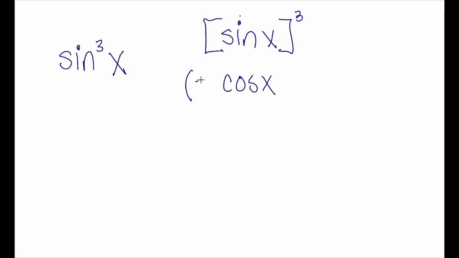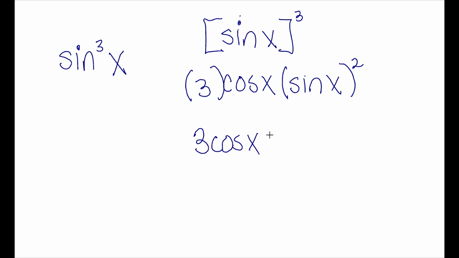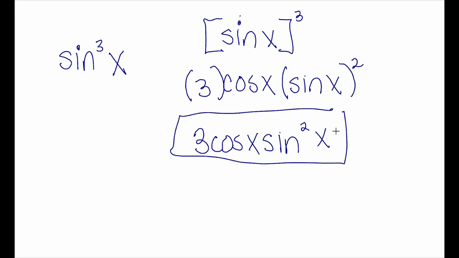Multiply that by the exponent, then multiply that by what's in the parentheses and subtract 1 from the exponent. So 3 cosine x, and then sine x squared is the same thing as sine squared x. So this is your derivative.